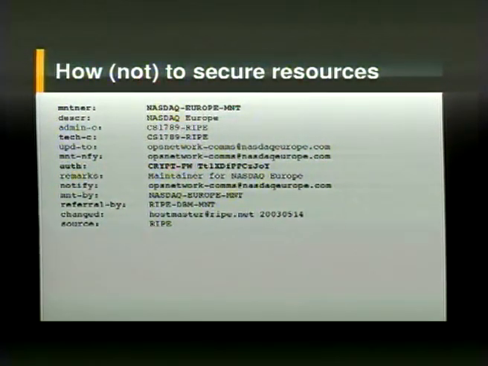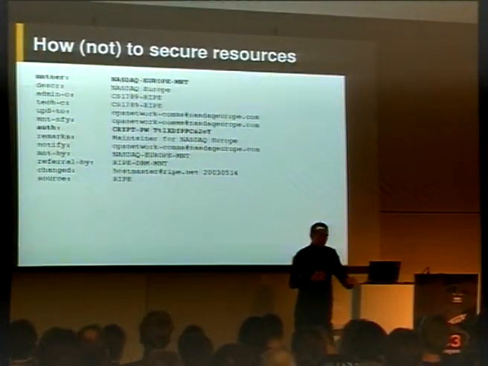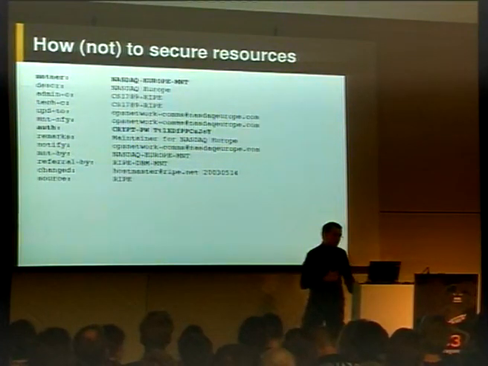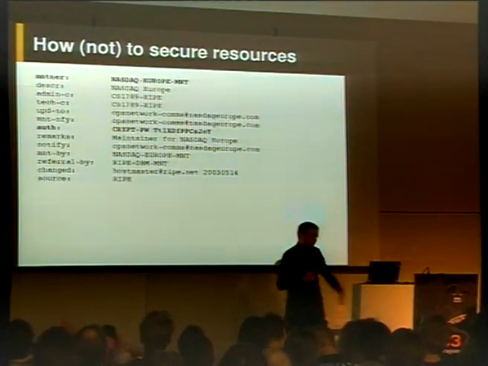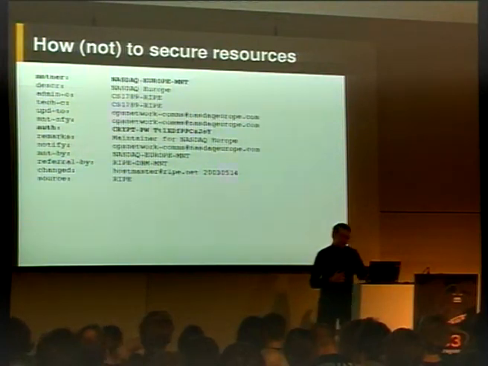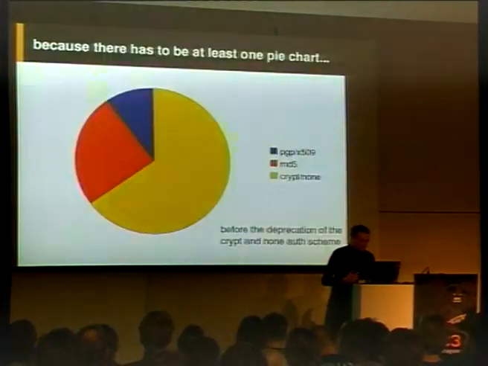I ran the list of all these crypt passwords through John, and I wasn't really expecting much because, I mean, if somebody chooses to protect his object, he at least should pick a clever password. But for the first minute, it just scrolled, and this particular one I picked out so you can have a look for yourself. The crypt-PW is the right one. Luckily, this one has changed.